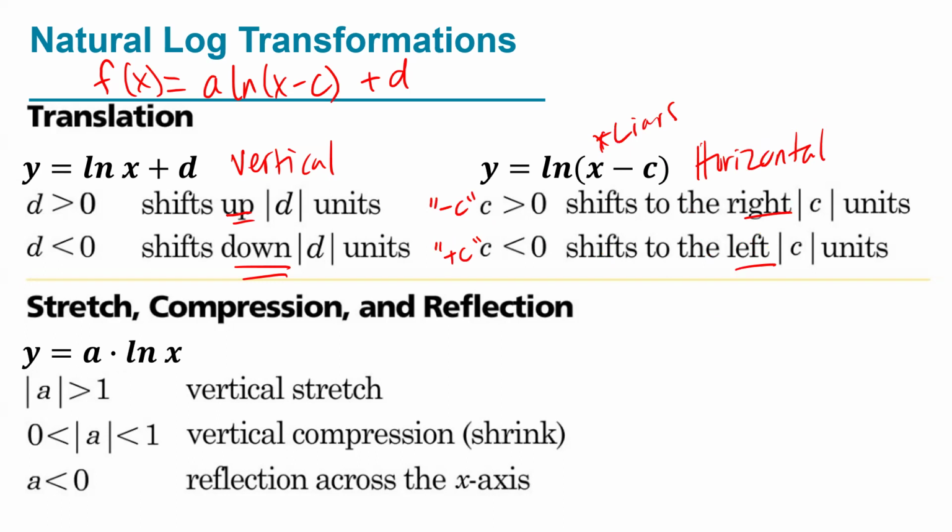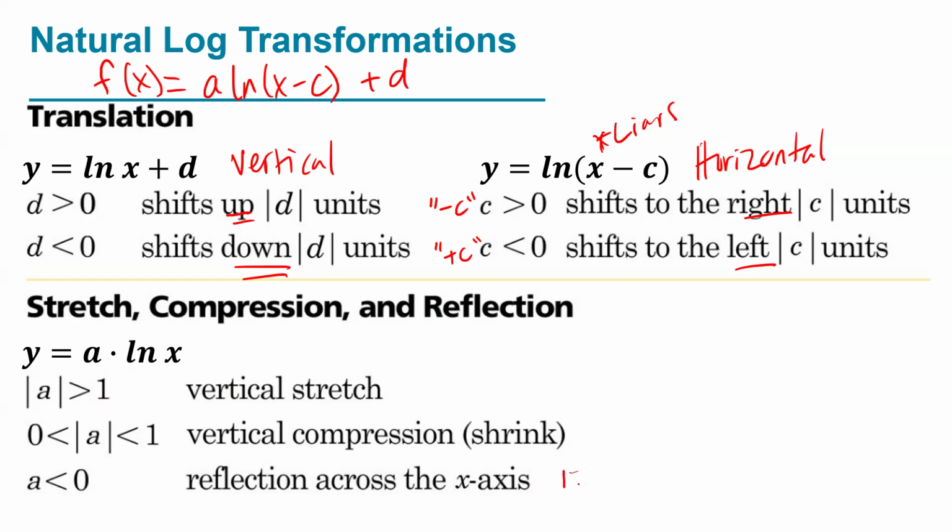Okay. Your a is your coefficient in front, and it's your stretching and your compression and or reflection. If the absolute value of a is greater than 1, it's a vertical stretch. Okay. If the absolute value of your a is between 0 and 1, then it's going to be a vertical compression.